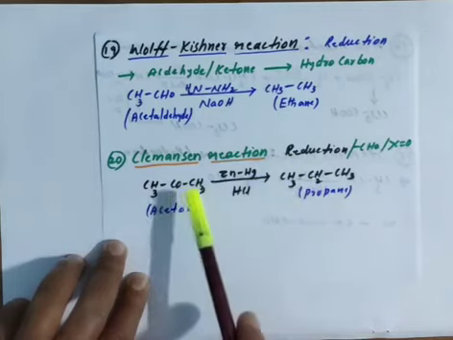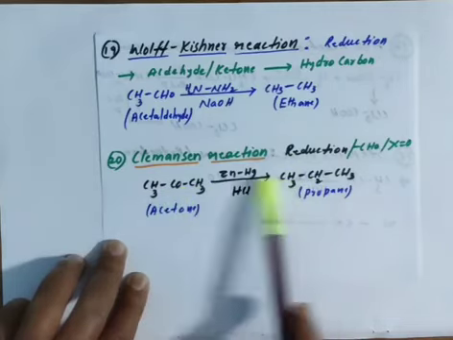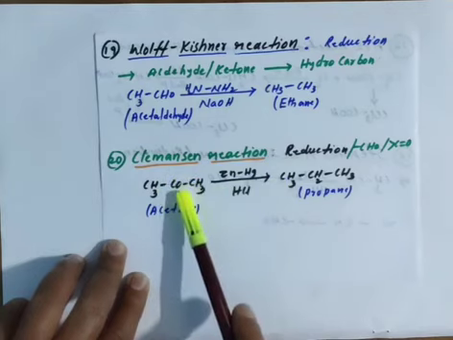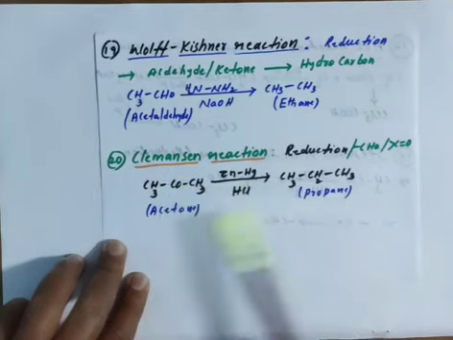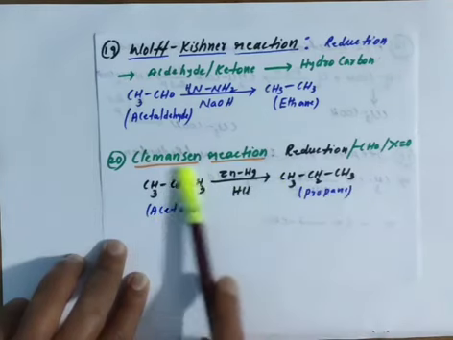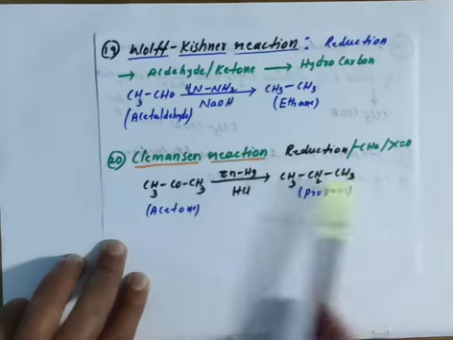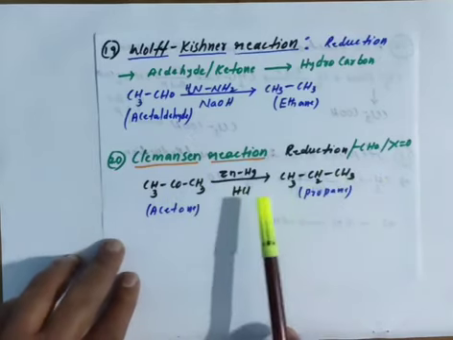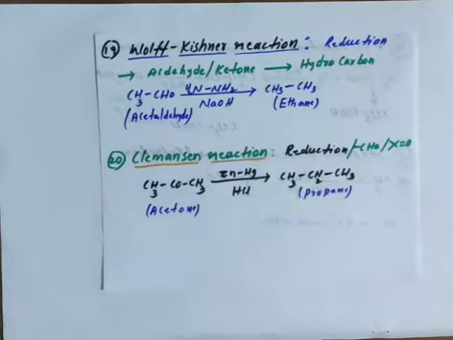That's it. So whenever in Clemmensen reduction you take a ketone, remove the CO group and add CH2, then you are getting propane. Acetone is converted to propane. Here also the number of carbon atoms on the left side and right side are the same. So that's the Clemmensen reduction reaction.